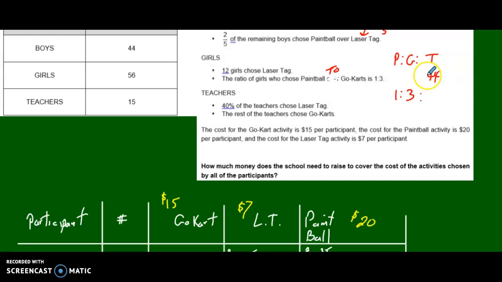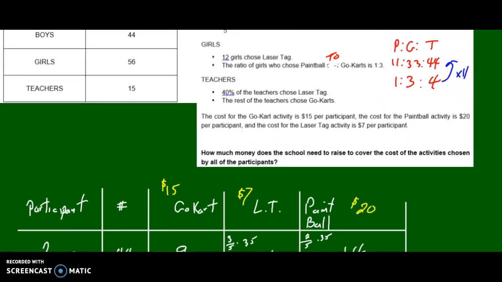But there's a total of 44. 1 to 3 makes 4, right? But now I need 44, so just multiply by 11. So this is going to be 11 to 33. All I did was multiply by 11 here.